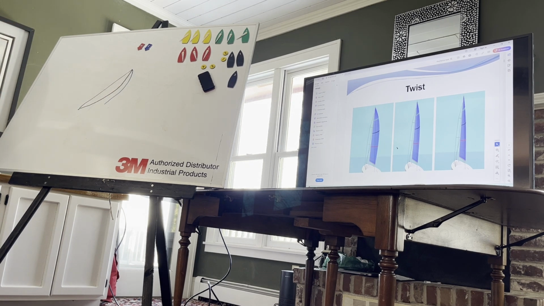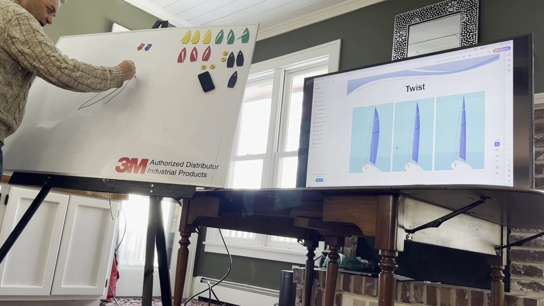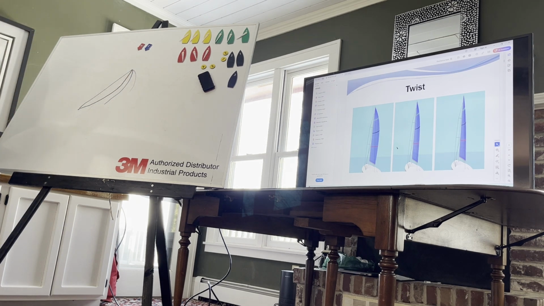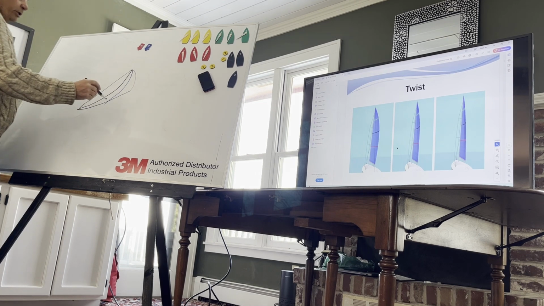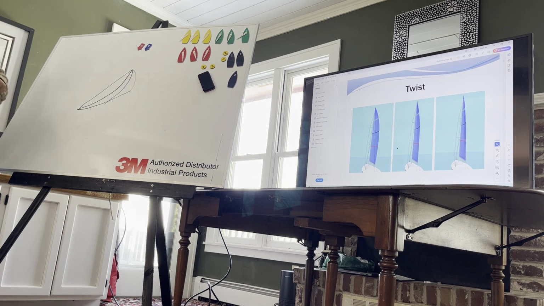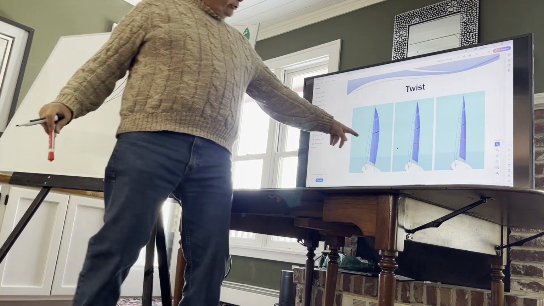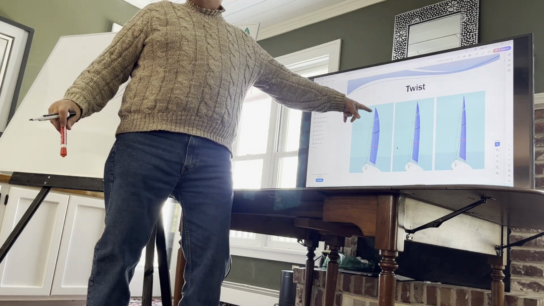There's the second draft stripe. For those of you that have very tall rigs, there's the third draft stripe. So this here is the leech of the sail. Lower down it's tighter, and the top is more opened up.